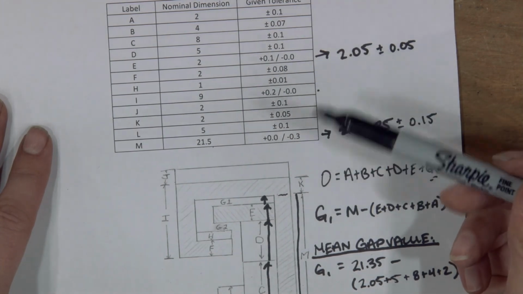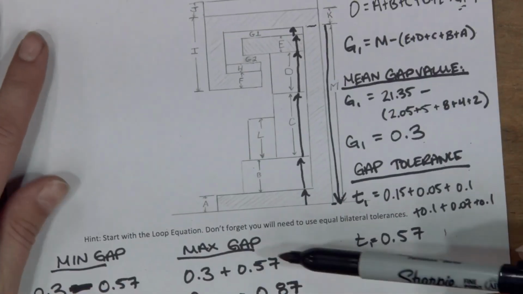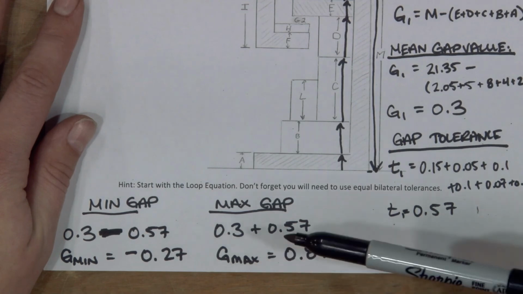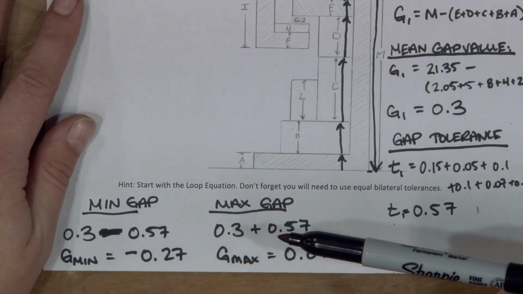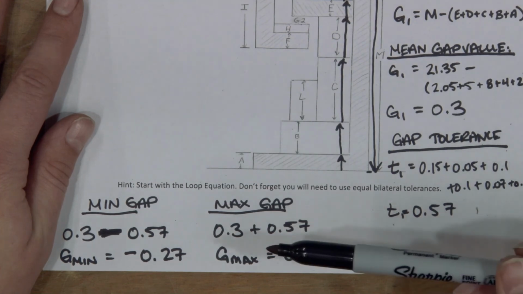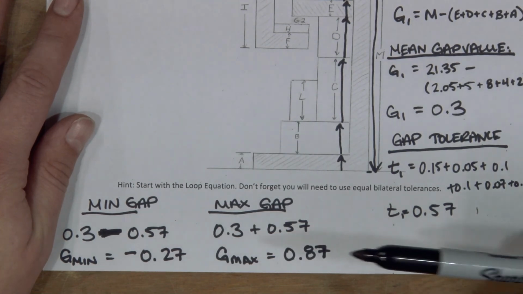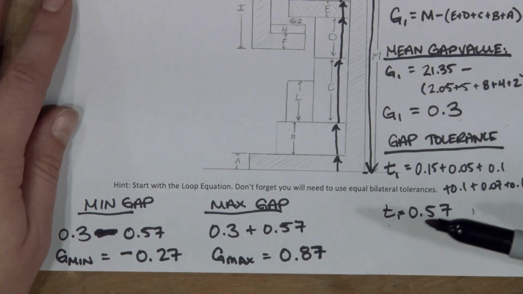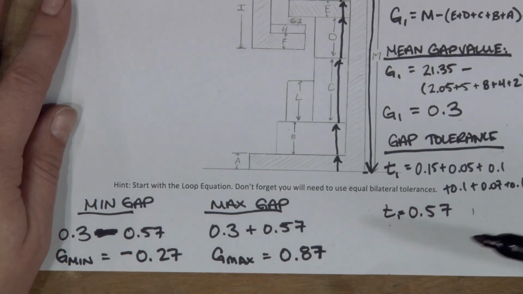Making them smaller. And then eventually I would set my gap equal to the median between the range I was given. And I'd figure out what my tolerances were on each side, and then I can solve for the nominal value or the tolerance. But this practice here is just meant to get you in the habit, get through the steps, and make sure you understand how to calculate that minimum and maximum gap that you have.